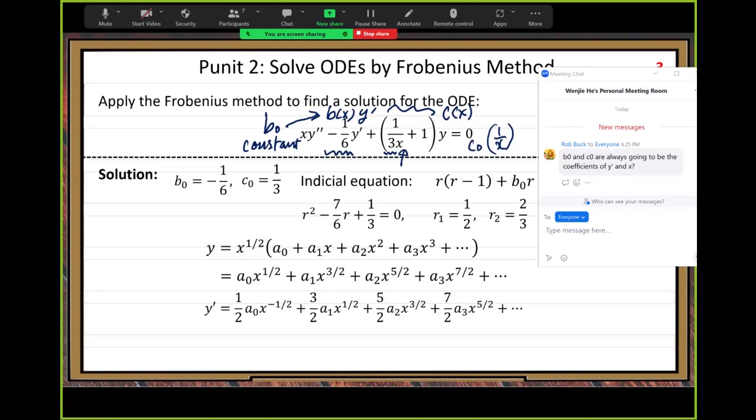Why? Because look at the degree. Let me explain why we choose B0, C0 in this way. Y double prime, when you take derivative, you bring down the degree by 2.